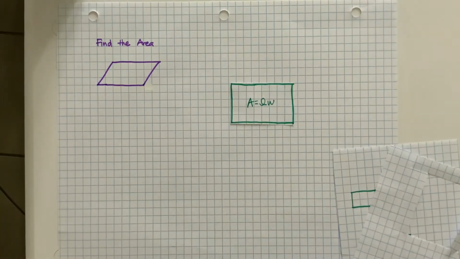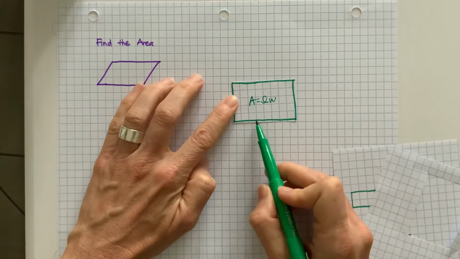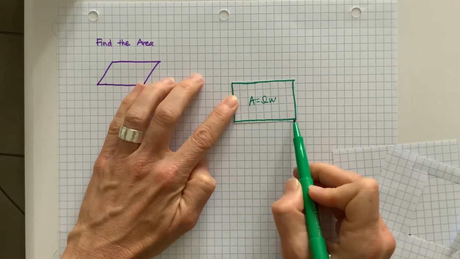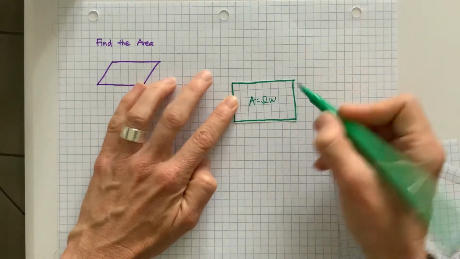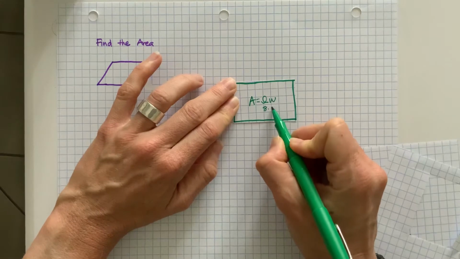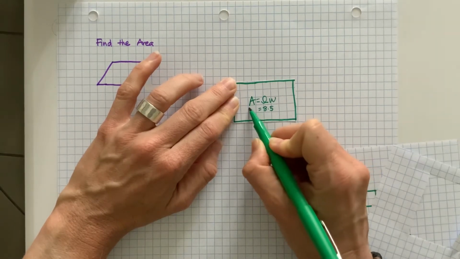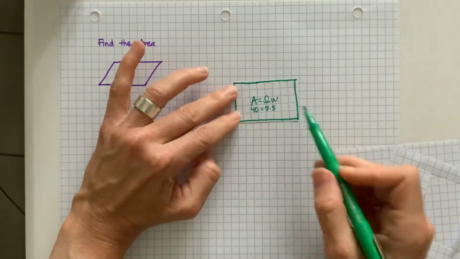So I'm going to use that formula to figure out the area of this rectangle. My length, 1, 2, 3, 4, 5, 6, 7, 8 by 1, 2, 3, 4, 5. So the length is 8 by 5. So my area is 40. So 40 centimeters squared. That's the area of that rectangle.